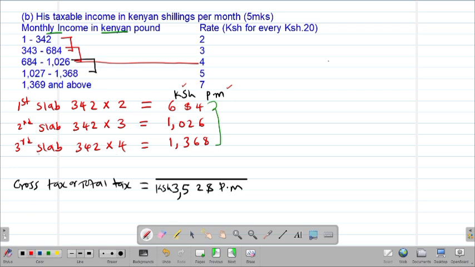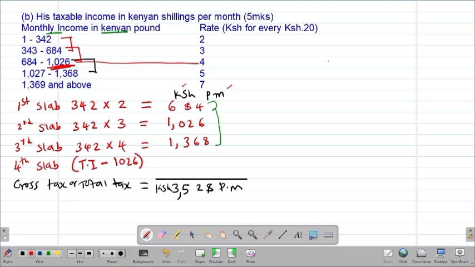Now that we know that the fourth slab is supposed to be the last slab we are going to take, the remaining amount, we usually take the taxable income, then of course minus the amount that is coming immediately above the last slab. So we stopped at this particular slab, so we'll pick this amount. So taxable income minus 1026.